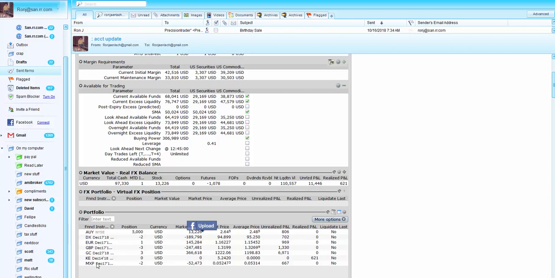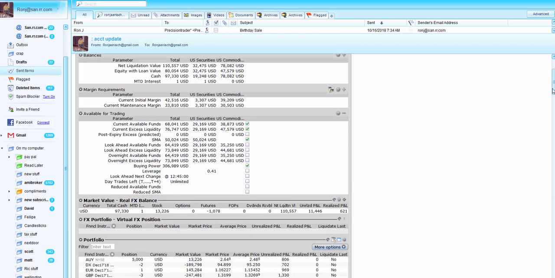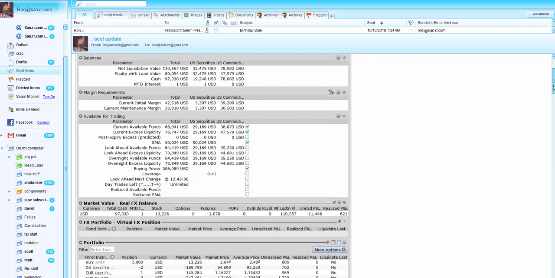Notice the variety here. We had some wheat on. We have euro on, DAX, a DX, which is dollar index rather, gold, Mexican peso, just a nice variety. And in terms of initial margin, 42 and 33. So a total account value is 110, 42 and 33. And that was last Friday.